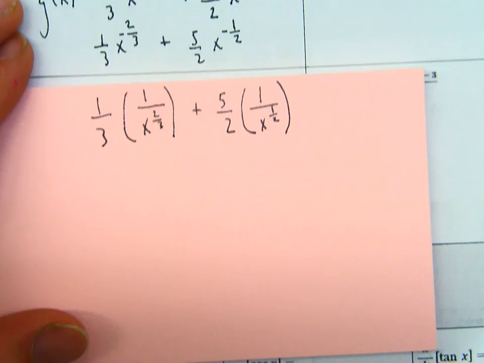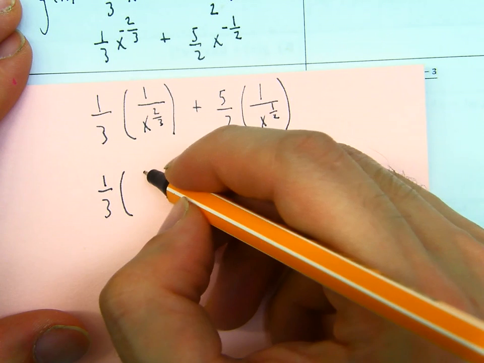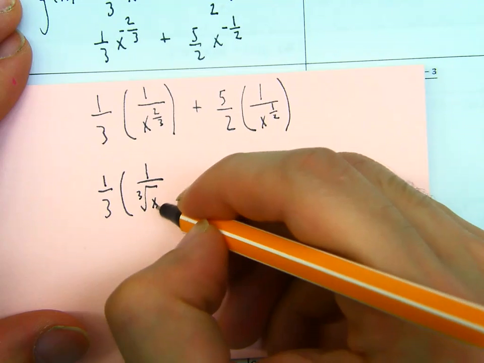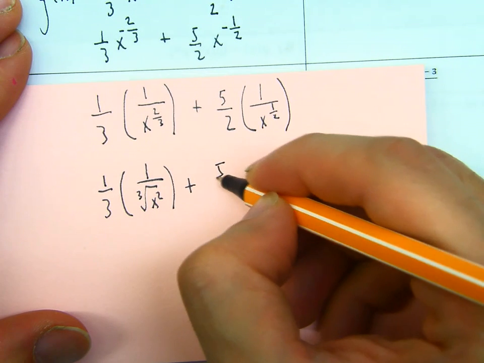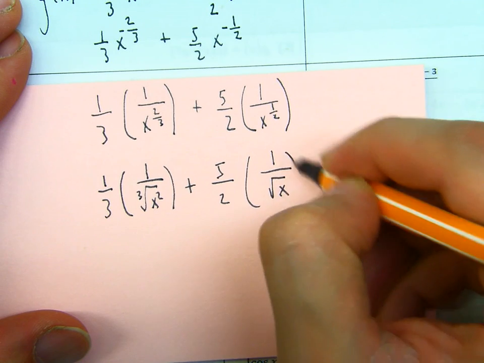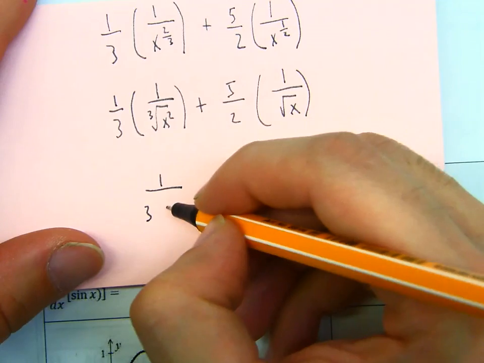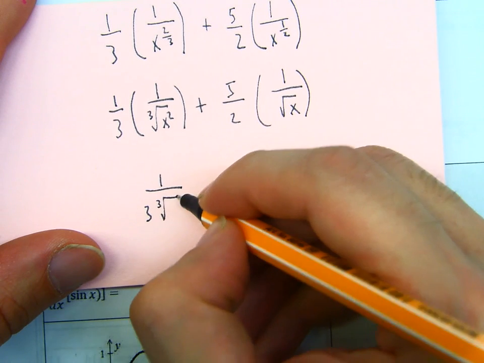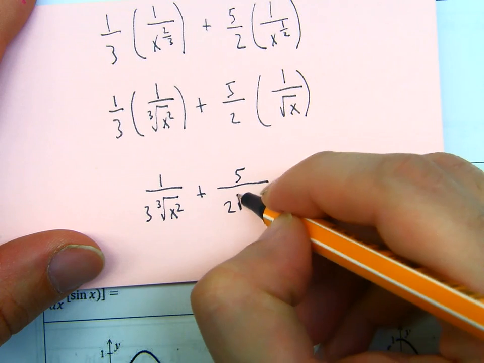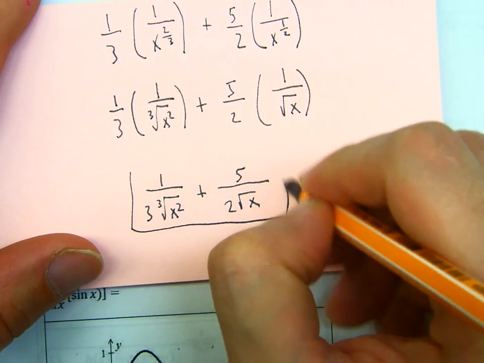Then you convert this: 1/3 times 1 over the cubic root of x squared plus 5 over 2 times 1 over the square root of x. And then this becomes 1 over 3 times the cubic root of x squared plus 5 over 2 square root of x. Whew, that was a lot of work.